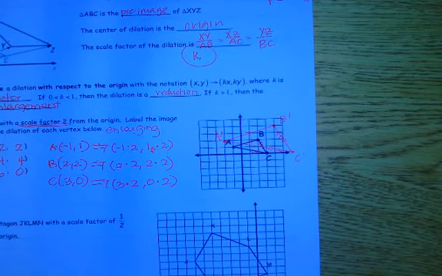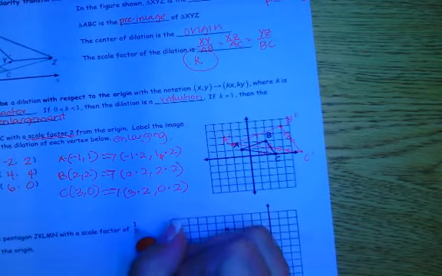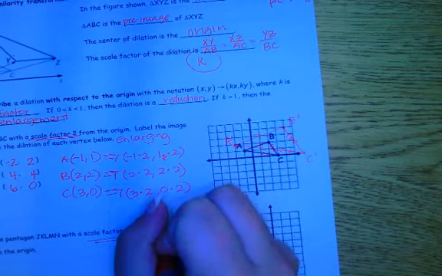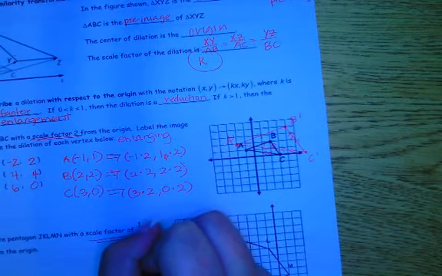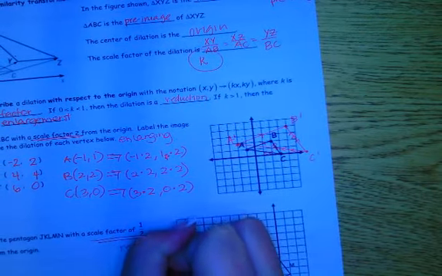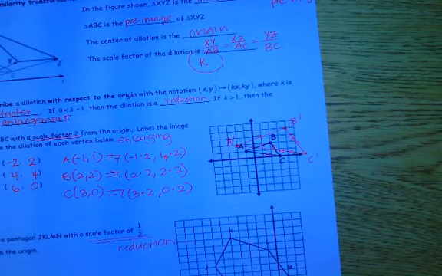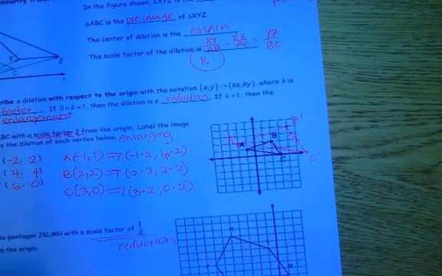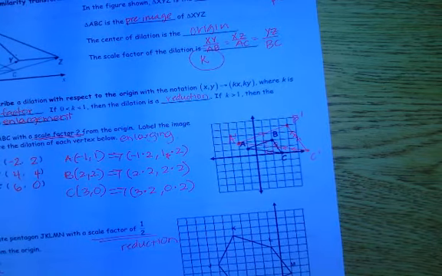Okay, dilate pentagon JKLMN with a scale factor of 1/2 from the origin. If it's a scale factor of 1/2, what's happening? Reducing it, so a reduction. Okay, where is J currently? Point J. Is it 8?